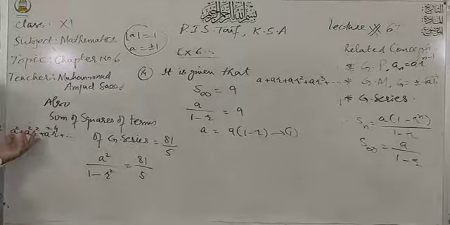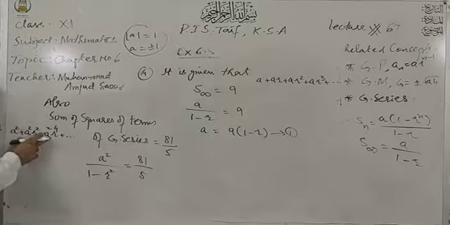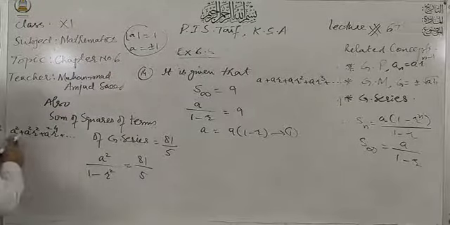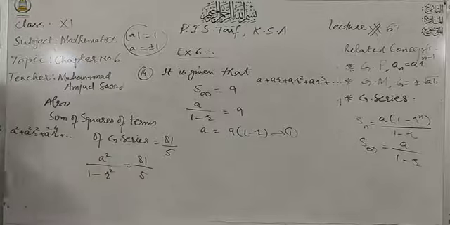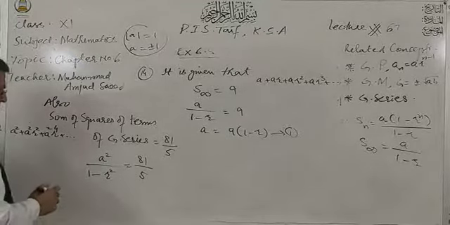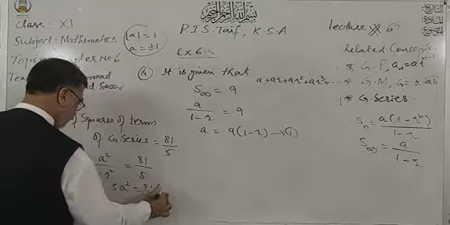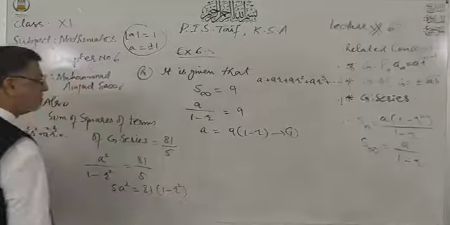So this is our geometric series by taking the square of the terms. So what is a? The first term is a square over 1 minus r square, where r square is second over first. So we have 5a square is equal to 81 into 1 minus r square.